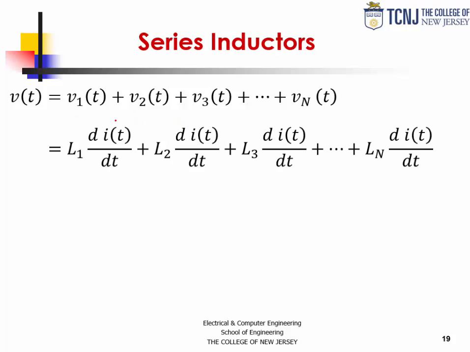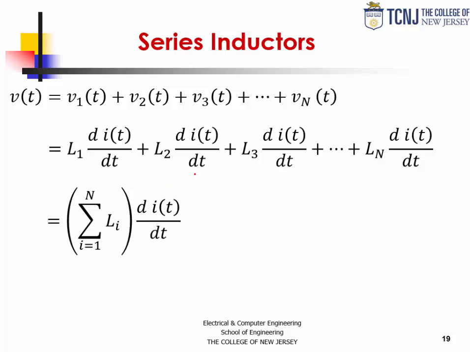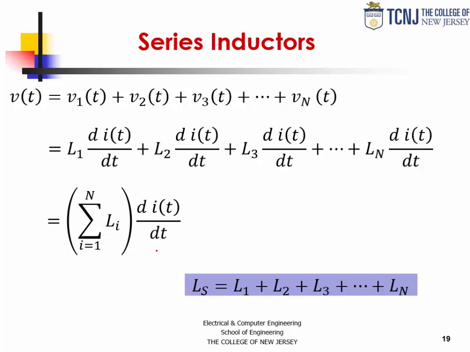And we know that the individual voltages are the individual inductances times the derivative of the current, which is the same for all the inductors because they are connected in series. And then if we factor out that current, we know that the total inductance is simply the sum of the individual inductors.